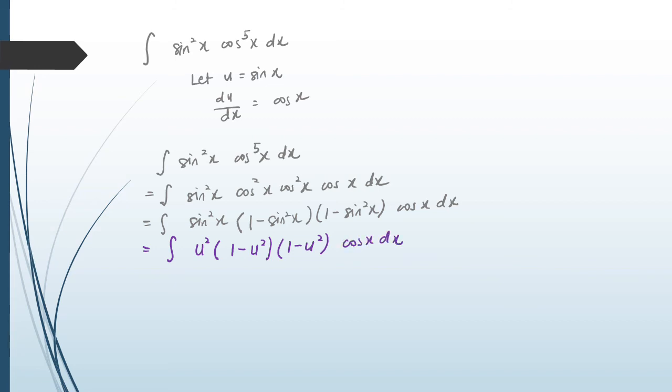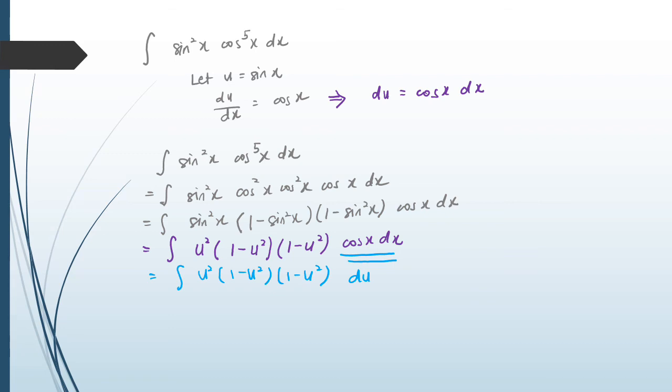Leave it as it is, and we shall see how we can change it. If you were to rearrange du over dx equals cos x, you should be getting du equals cos x dx. So what do I plug over here would be integral u square, 1 minus u square, 1 minus u square, and this should be du.